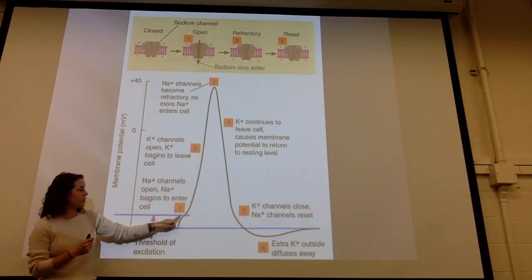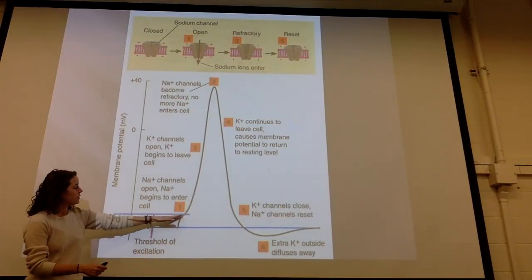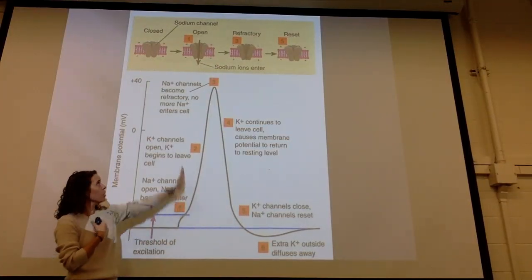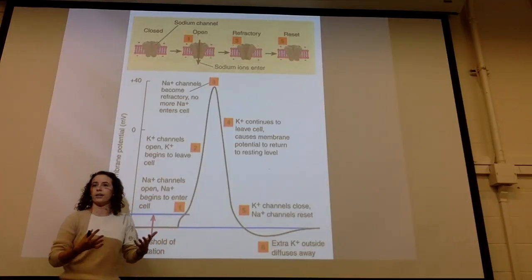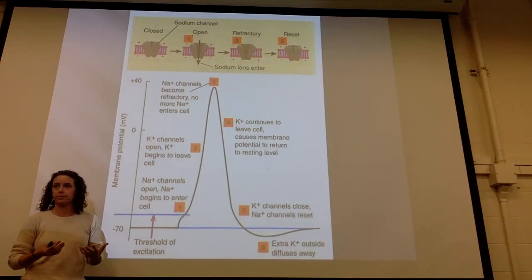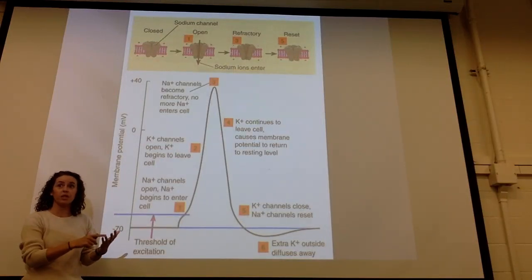Once we hit that threshold, we pull the trigger, so to speak, and we rapidly depolarize, which allows the neuron to send the action potential. So sodium channels open, sodium comes in, potassium channels open.